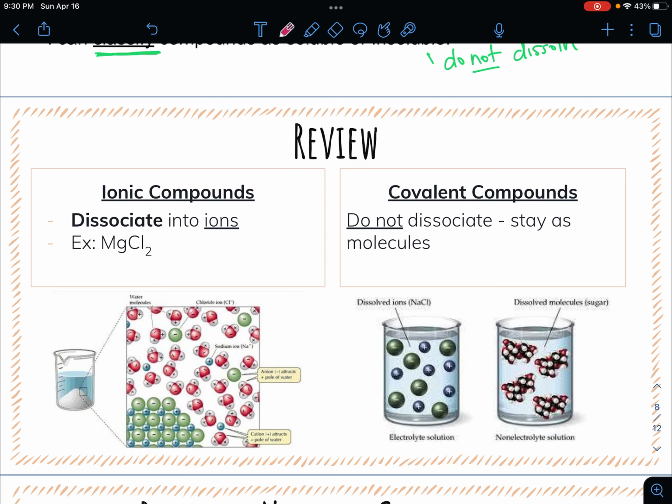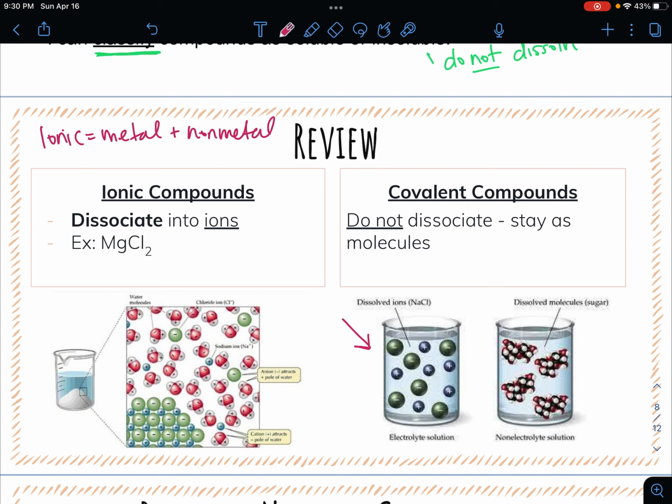For example, this beaker contains an ionic compound, sodium chloride, and it has the different ions. We can see the positive sodiums and the negative chlorines. So remember, an ionic compound is just when we have a metal plus a nonmetal, and those are going to break apart into those different ions.